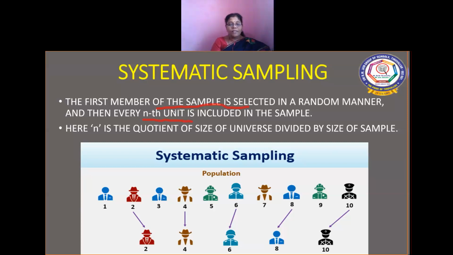The sampling start is chosen on a random basis. Either the statistician decides on what basis to select, or he can take help from the two methods we discussed in unrestricted random sampling, that is, drawing lots, or preparing random tables, but the number should be from 1 to 10.